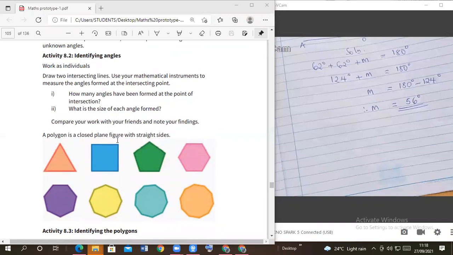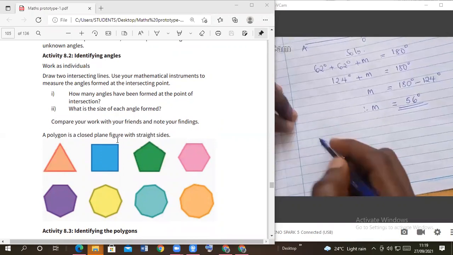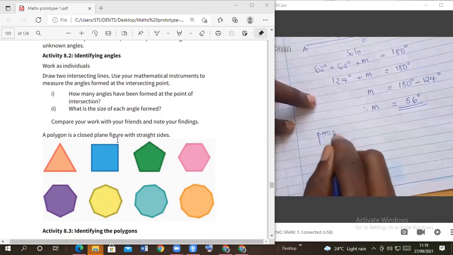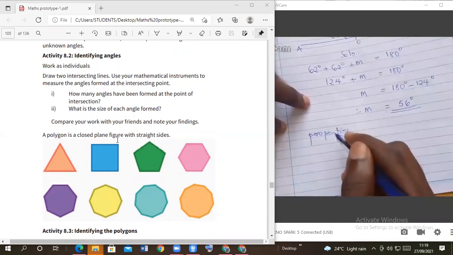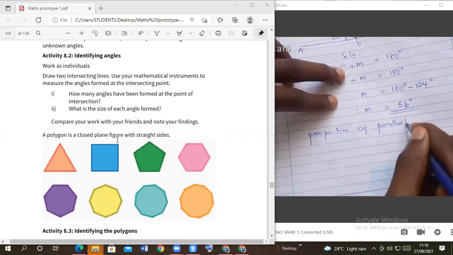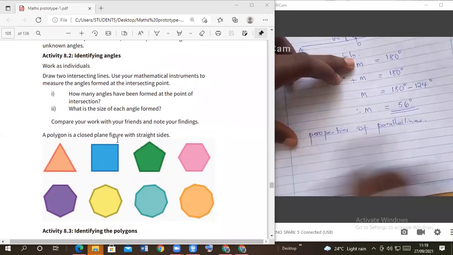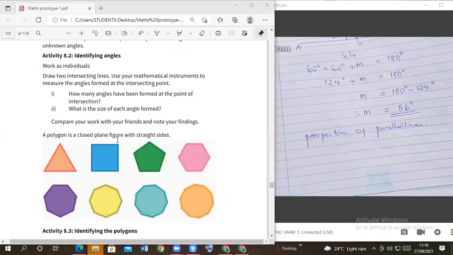Write this subheading: Properties of parallel lines. Let's look at that one. We have looked at angles on a straight line, and then we have also looked at angle at a point. So let's look at parallel lines.